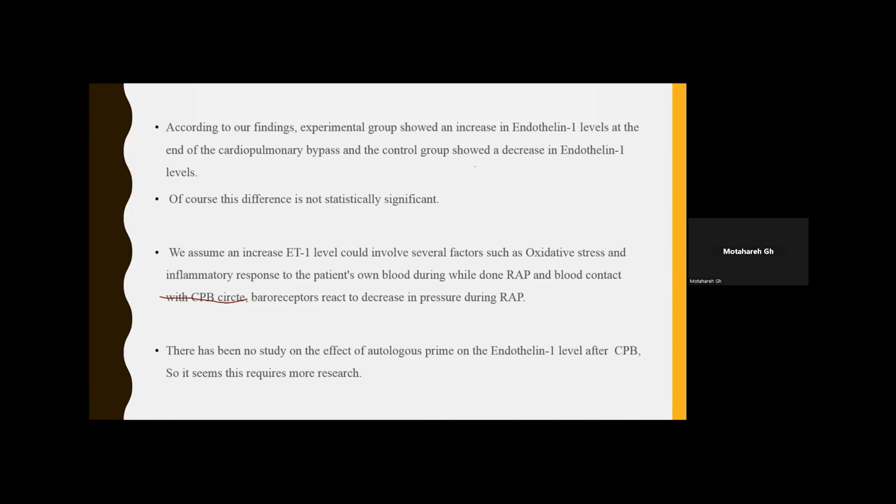We assume an increased endothelin 1 level could involve several factors, such as oxidative stress and inflammatory response to the patient's own blood during the prime and blood contact with the CPB circuit, while receptors react to decrease in pressure during the prime. There has been no study on the effect of autologous prime on the endothelin 1 level after CPB, so it seems this requires more research.